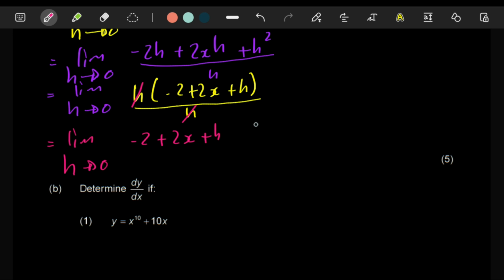Now you can throw 0 in there. So f prime of x is going to be -2 plus 2x. Hence the lim is gone because you threw 0 where h is.